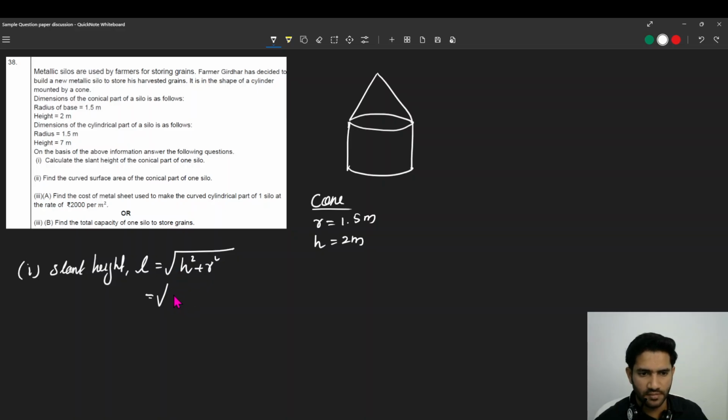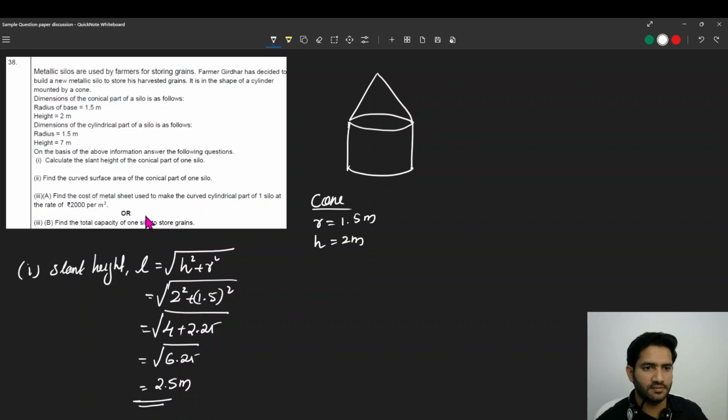So 2 square plus 1.5 whole square, that is 4 plus 2.25, that is 6.25. So that means 2.5 meter. It is the slant height.